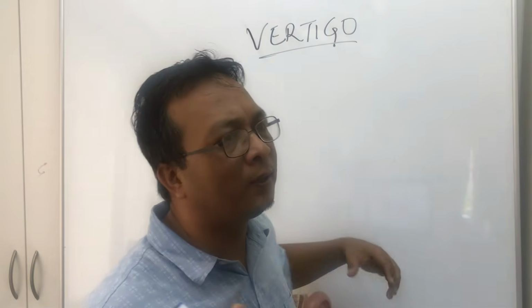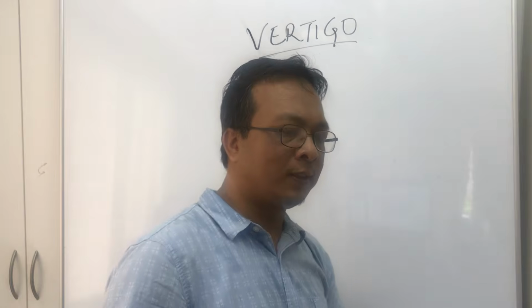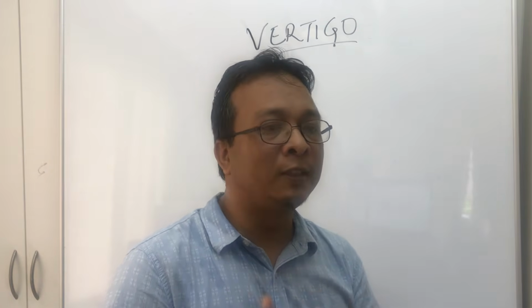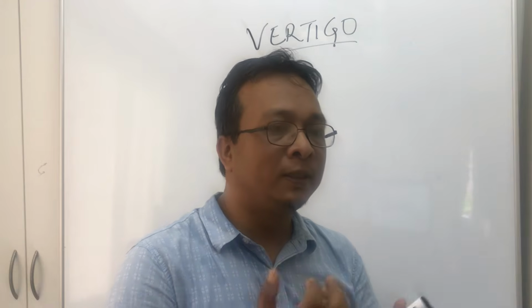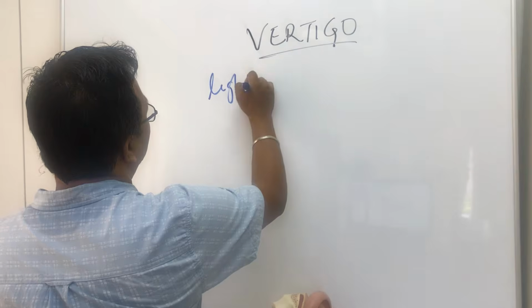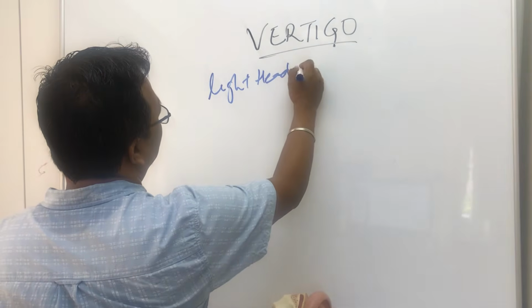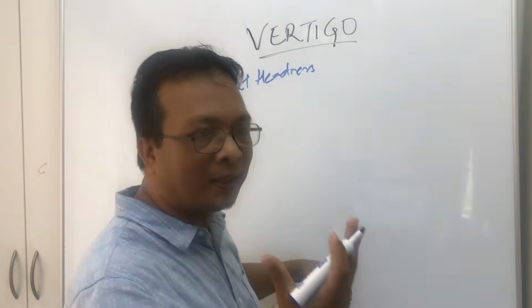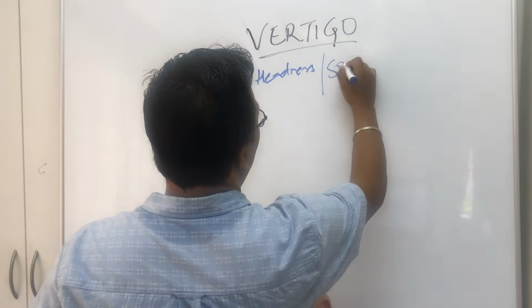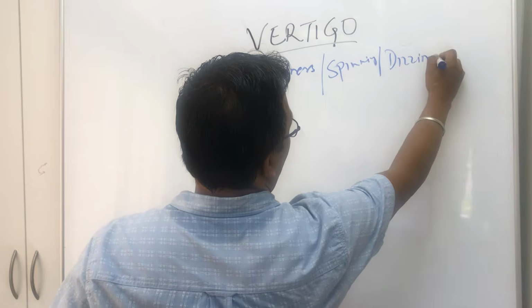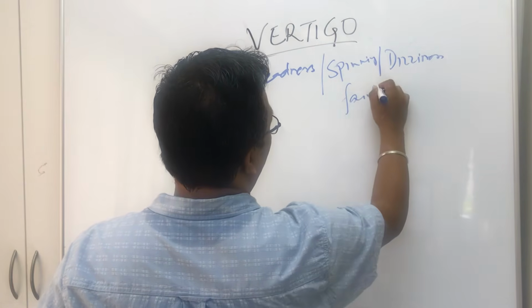It is explained differently by different types of patients. Some people say it's lightheadedness, some say dizziness, some say faintness. It's a symptom, not a sign, it's a perception. Some people say I'm feeling lightheaded, some say spinning of the world, some say dizziness, some say fainting.